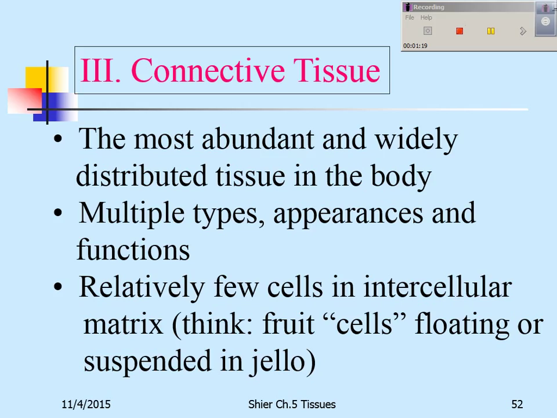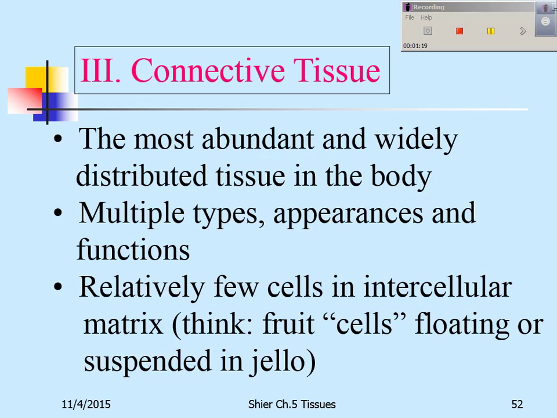The biggest thing that I want you to note about connective tissue is that it has very few cells and a lot of intercellular matrix. Now, if you remember, that matrix is like the cytoplasm that we find within the cell, but this time it's the jelly-like or solid-like structure around the cells that make up a tissue. So connective tissue is opposite from epithelial tissue in that it has a lot of matrix.